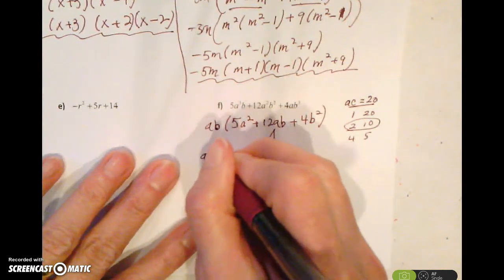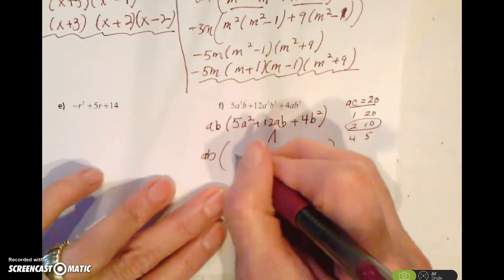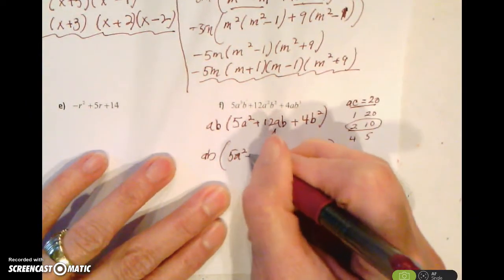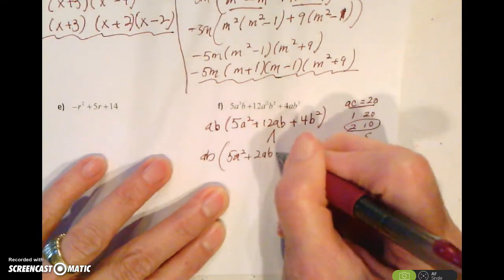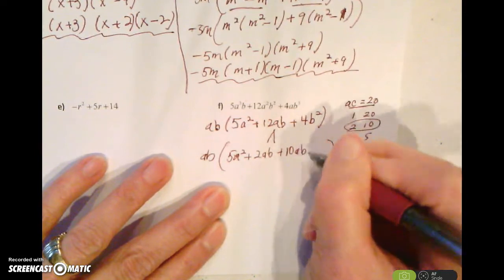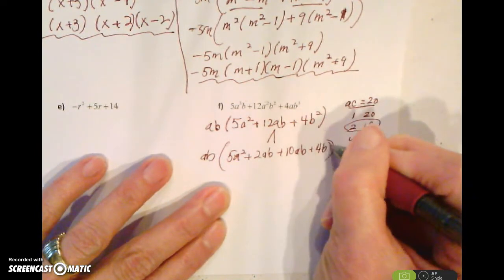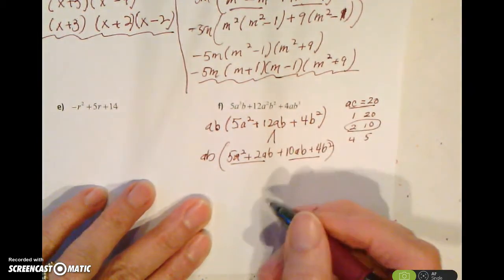So again, my AB will just stay right there. I'm going to rewrite this middle term. So I have 5A squared plus 2AB, notice that matches, plus 10AB. So those two add up to 12AB, and then plus 4B squared. Now that I have 4 terms, I'm going to group.